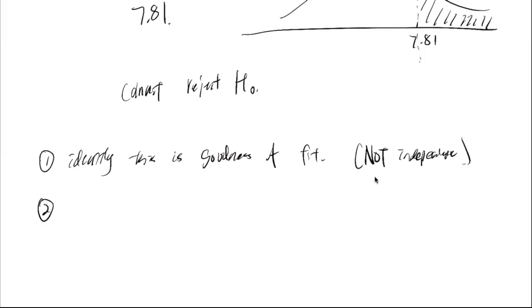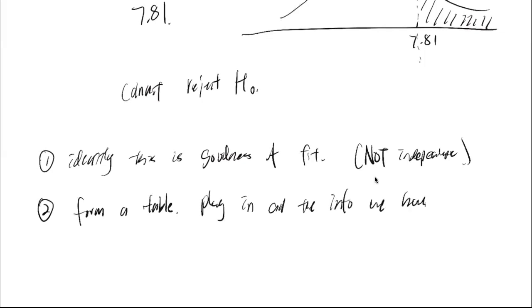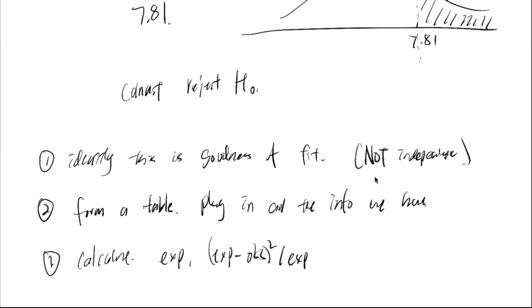Then we want to form a table and plug in all the info we have, and calculate observed minus expected squared over expected, which is the last column, and the degrees of freedom.